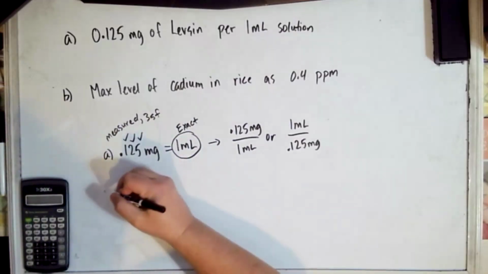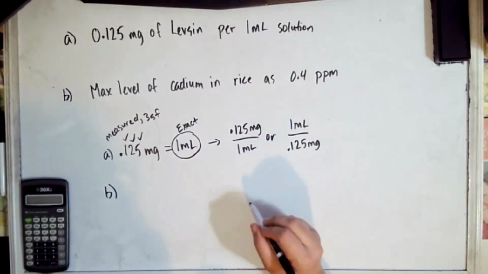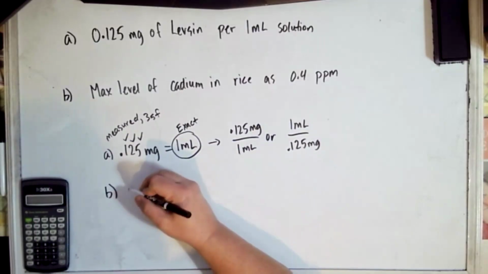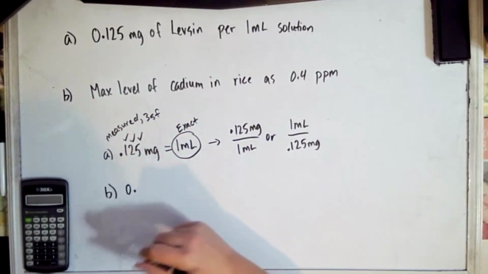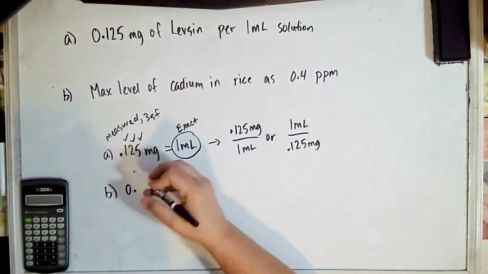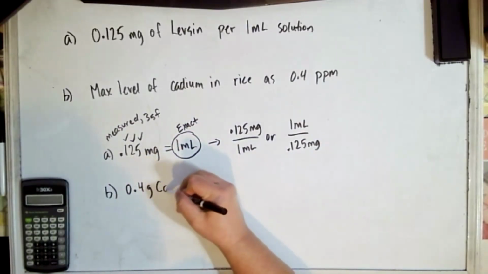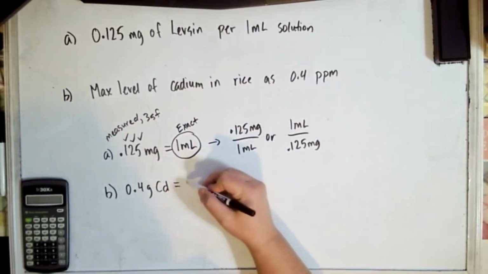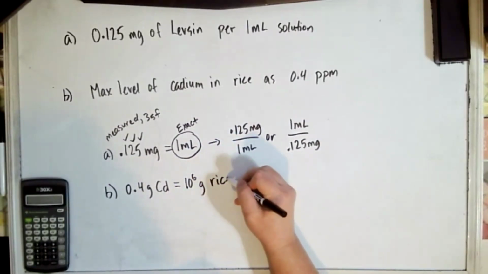For our next statement, the max level of cadmium in rice is 0.4 parts per million. That means that we can have, again, there's a few ways to write this. One of them, going right by the definition of parts per million, is that you can have 0.4 grams of cadmium, Cd, in every 1 million grams of rice.